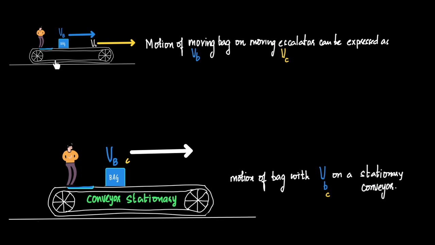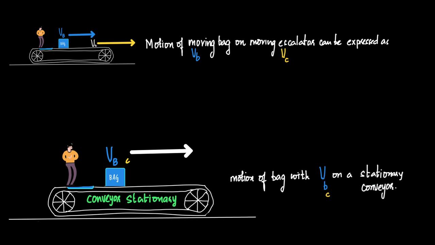Now the conveyor is not moving, so this vector is missing here. Instead, both of these vectors are compressed as velocity of bag with respect to conveyor. I would repeat it one more time: velocity of bag and velocity of conveyor. So this method has two components of velocity.